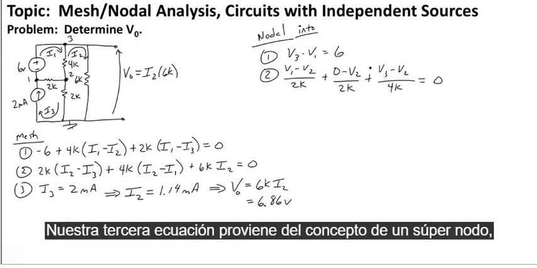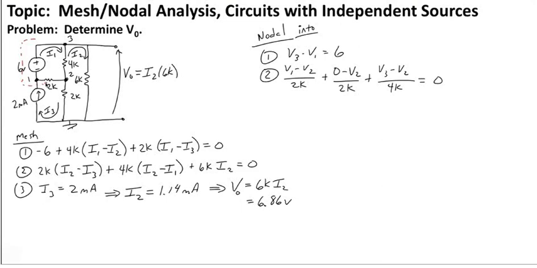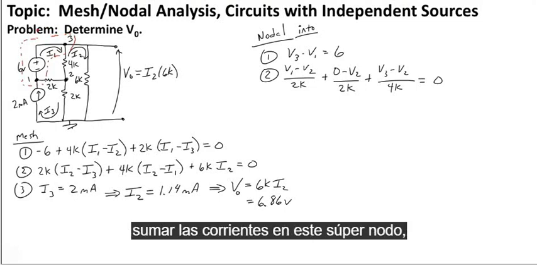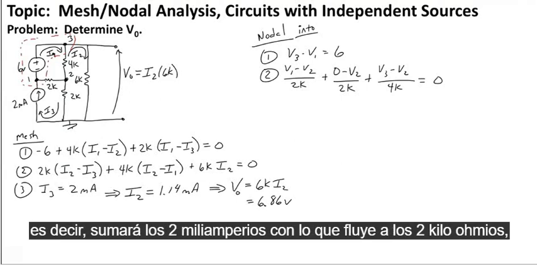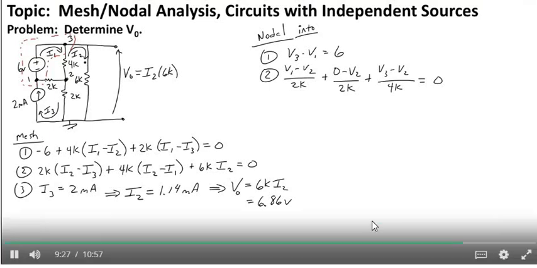Our third equation comes from the concept of a supernode, where we take this 6-volt source, which is in our circuit, and we isolate it and create a supernode where we're going to sum the currents into this supernode. Namely, we'll sum the 2 milliamps with what's flowing through the 2 kilo ohm, with what's flowing through the 4 kilo ohm, with what's flowing through the 6 kilo ohm.